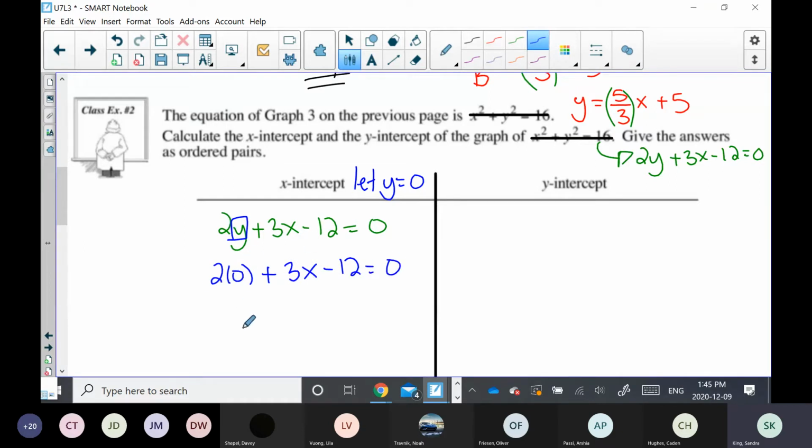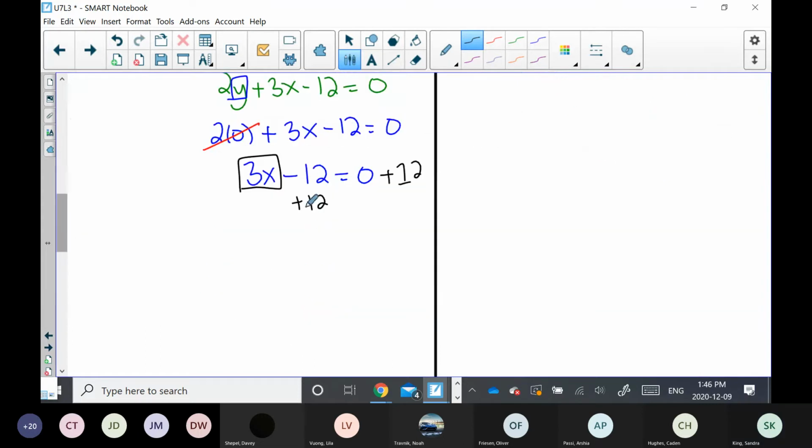Now, 2 times 0, I don't even need you to write 0 underneath. I'm fine if at this step you just get rid of that because 2 times 0 is 0. So what we are left with is 3x minus 12 is equal to 0. Okay, you need to algebraically solve and you need to isolate this. Get rid of that -12 by adding 12 to both sides. 3x is equal to 12.